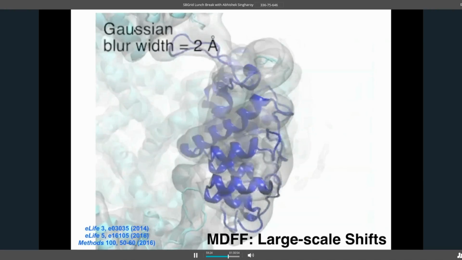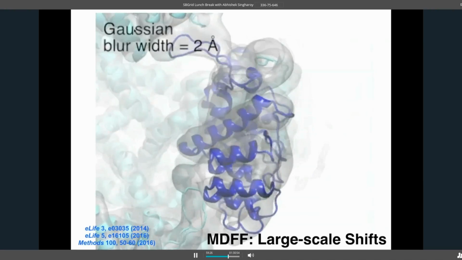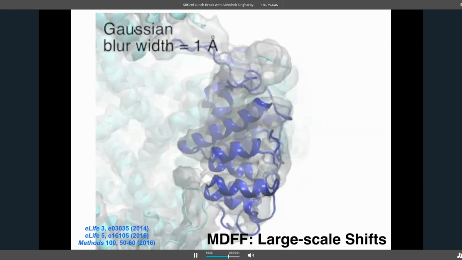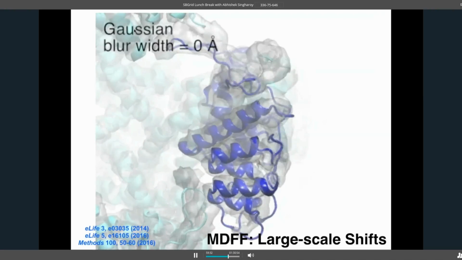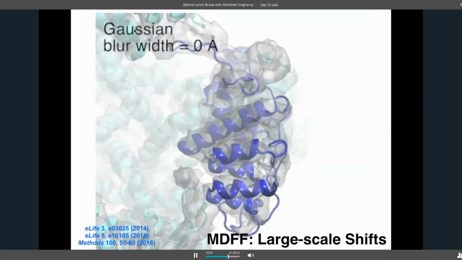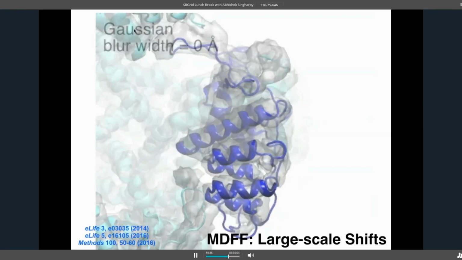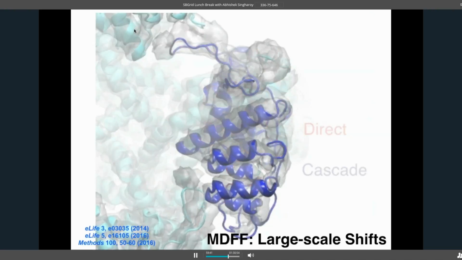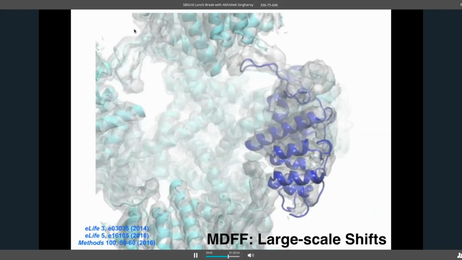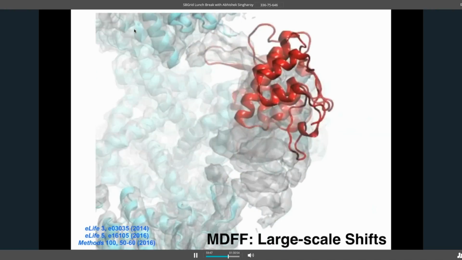We are showing this using a high resolution density as an example, but you can do this for any density, and in fact we have seen that for any density at any resolution, a treatment like this often gives much better results than direct molecular dynamics flexible fitting. By direct, I mean just taking the structure and plugging it into the density. Rather than doing that, if you do a bit of density refinement together with the molecular dynamics, you end up getting much better structures.